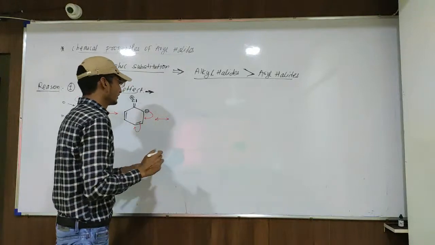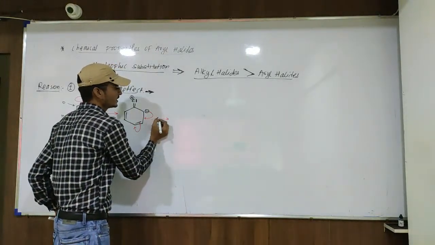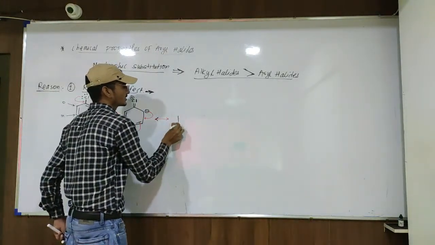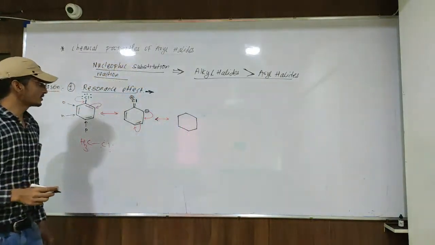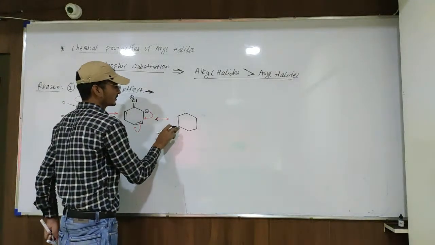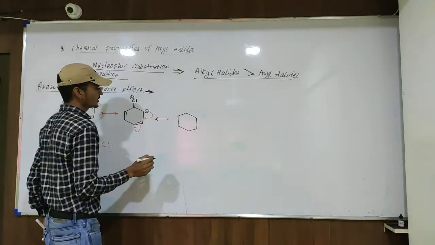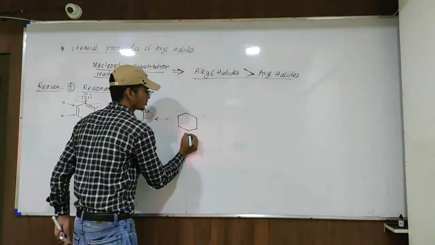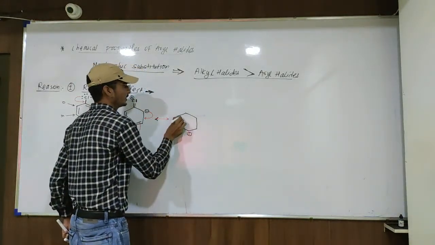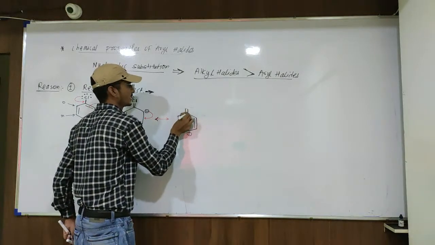And you know that stability depends on the number of resonating structures. So there are 4 resonating structures. That's why chlorobenzene is more stable than methyl chloride, and hence it shows less reactivity in nucleophilic substitution reactions.